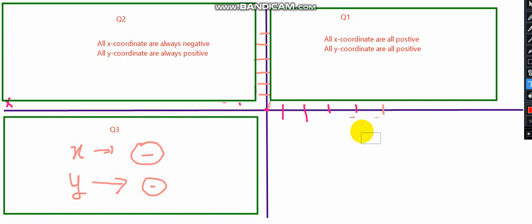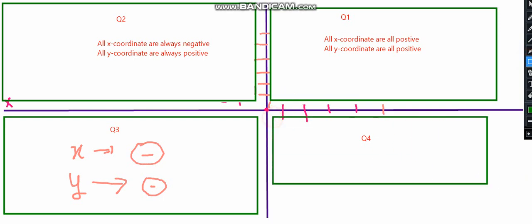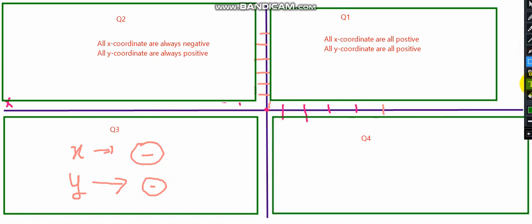And the last one we have is quadrant 4. In this one, all the x coordinates are always positive, and all the y coordinates are always negative. So these are the quadrants in the coordinate system, and you should know their characteristics.